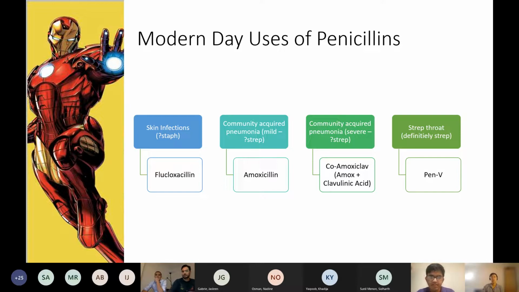Severe community acquired pneumonia. So you're worried about some kind of mutated resistant strain. Co-amox, excellent. And then lastly, strep throat, and it's definitely strep, and it's nothing else.